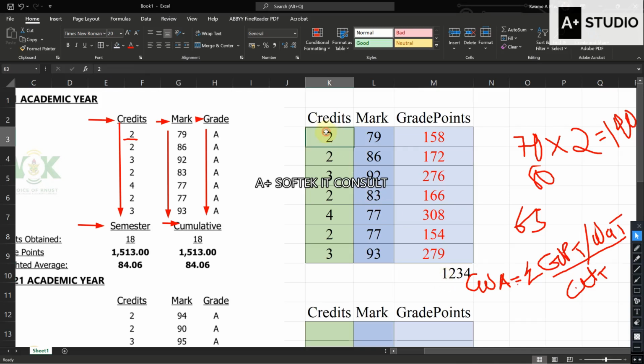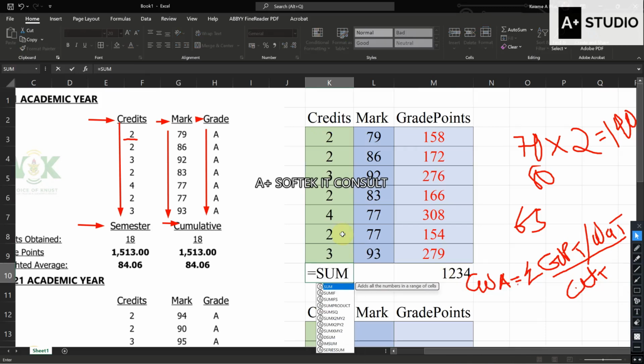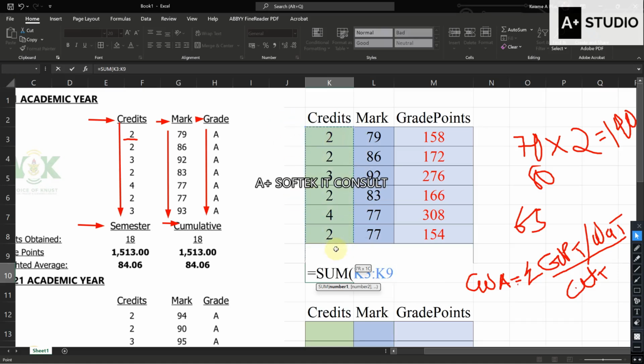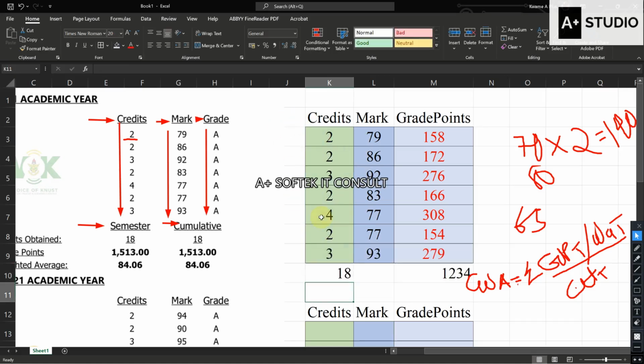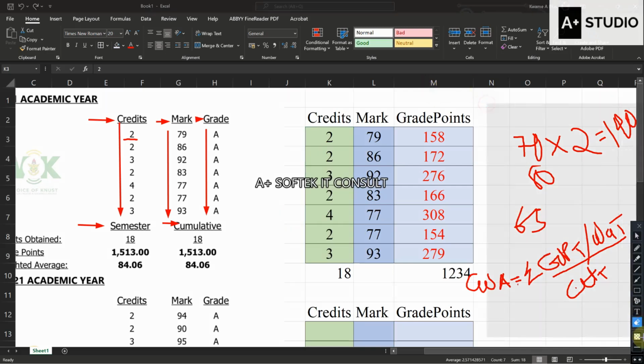And let's also add the credit hours. So if we write the sum of the credit hours, what are we getting? Right now we have the total grade point, or total weighted average, and then we have the total credit hours. So with this, let me clean this.